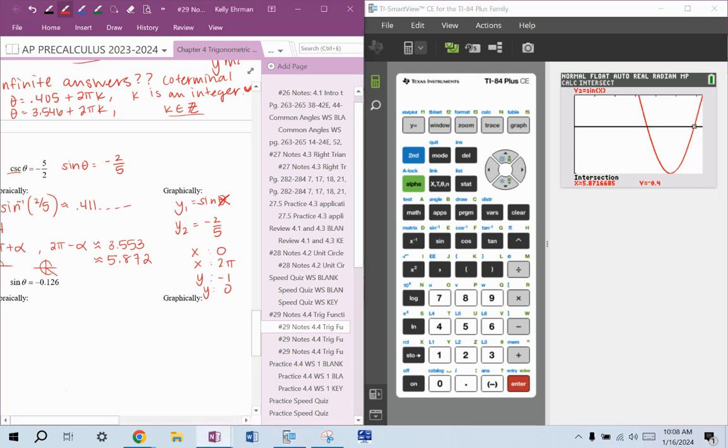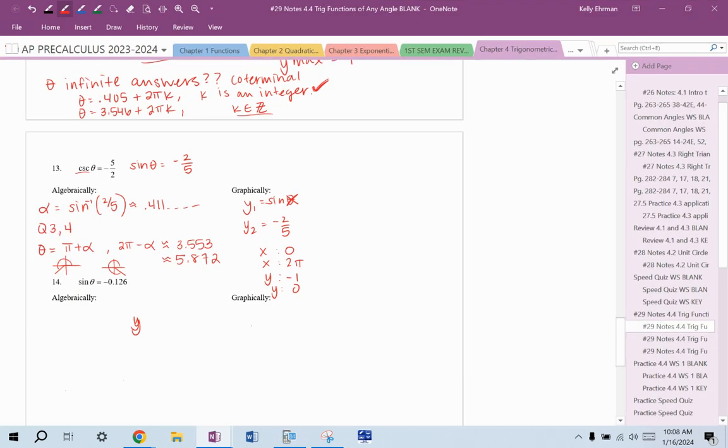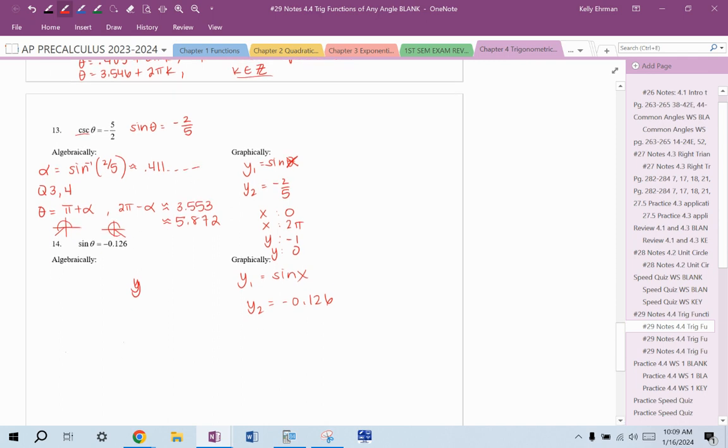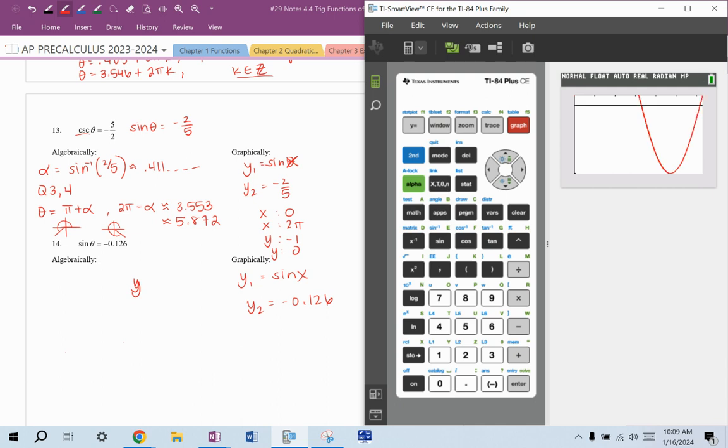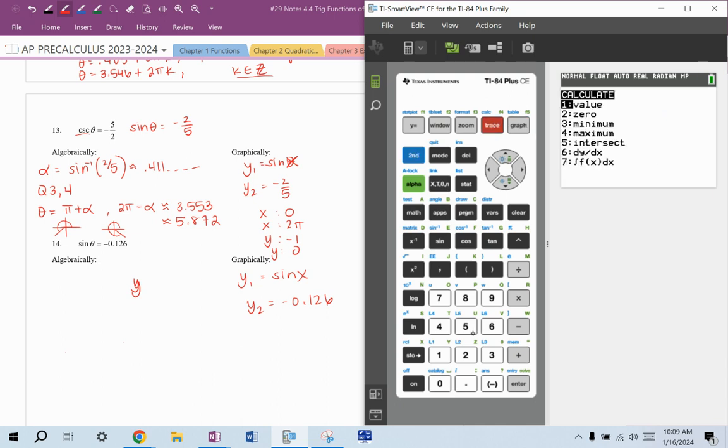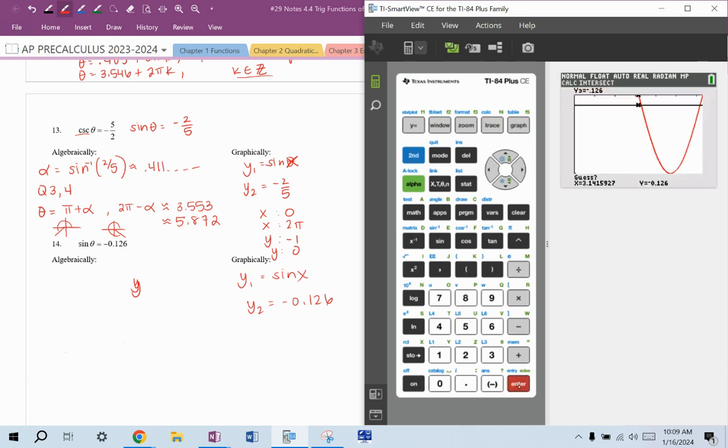All right, this one I'm just going to solve graphically. So I'm going to put into y1 sine x, y2 negative 0.126, and I'm going to keep the same window I had before. So really all I have to change is that this is negative 0.126. Intersect, enter, enter, enter.